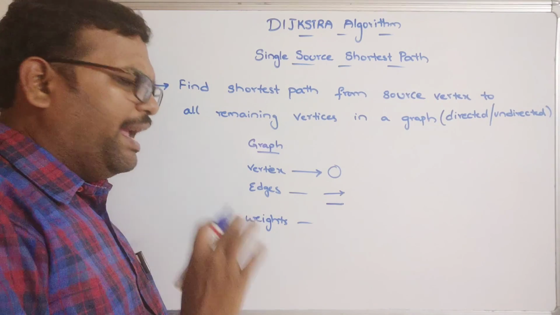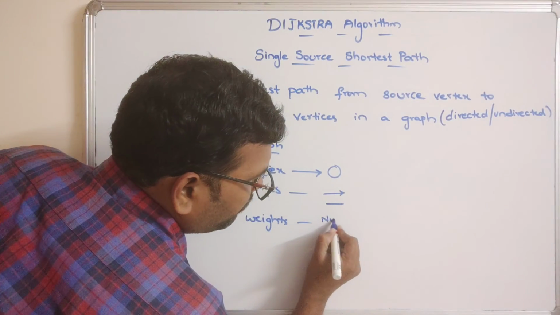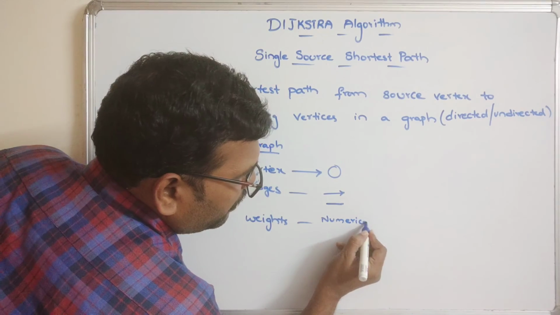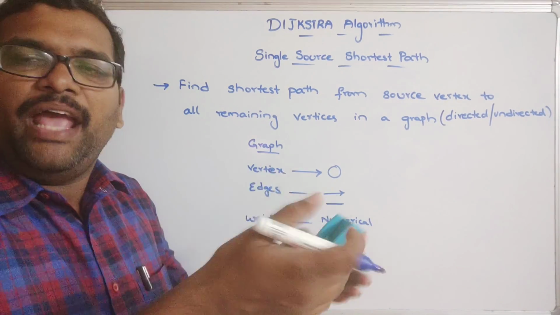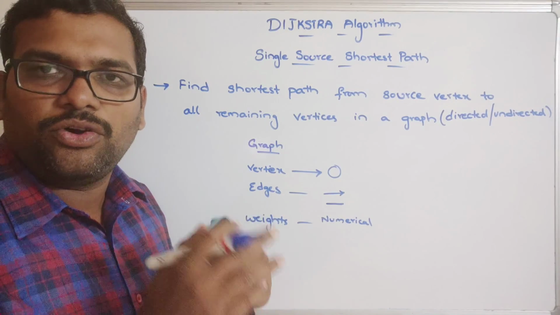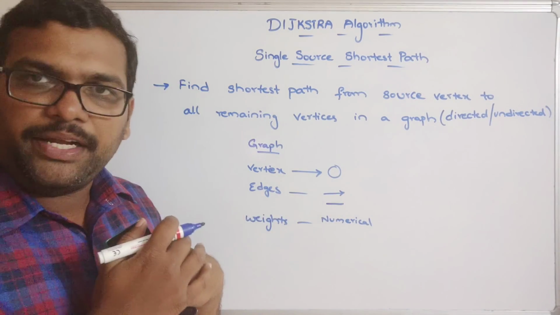For every edge, which connects two vertices, there will be some sort of numerical cost, or we call it a weight.